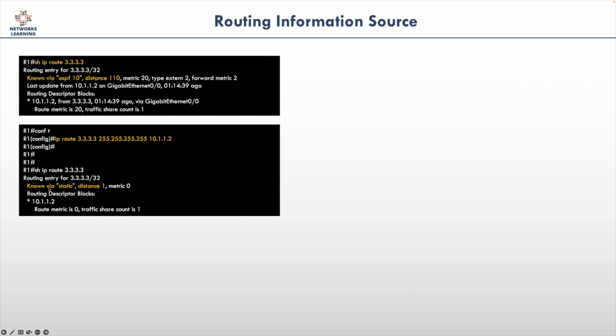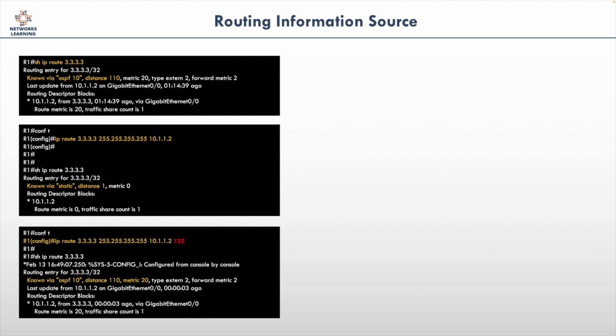When I run my show ip route for the same subnet, I can see that the preferred route is the static route. So it's no longer the route learned via OSPF, simply because the distance is 1. So let's see, how can I keep a static route configured and still have OSPF as the preferred route or source of information?